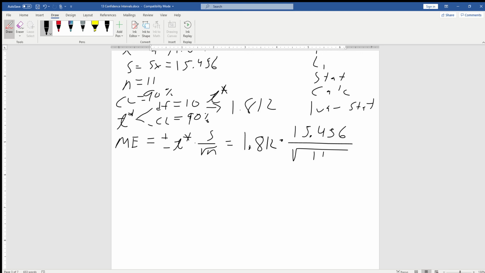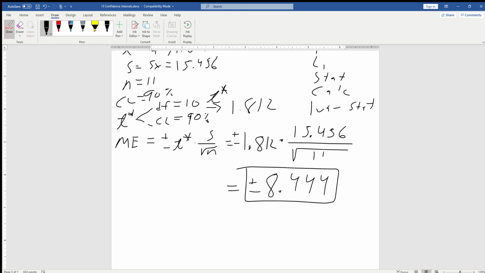There's a plus or minus in here. I'm going to type this in my calculator if you can verify along with me. I end up with 8.444. So that's our margin of error.